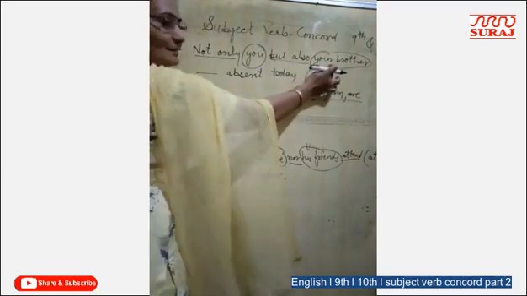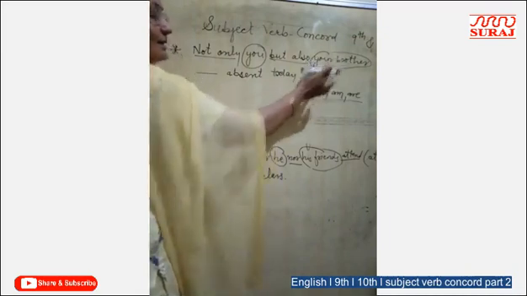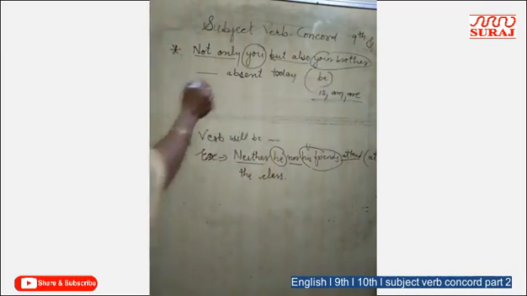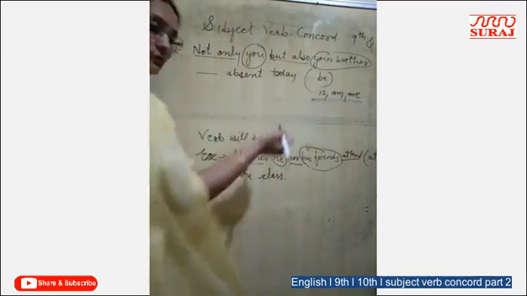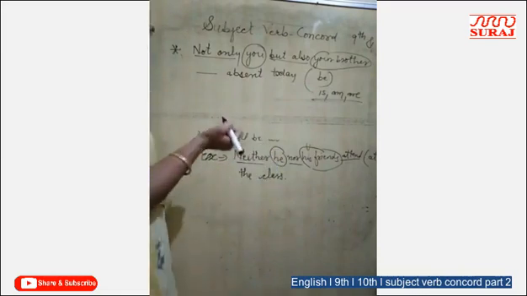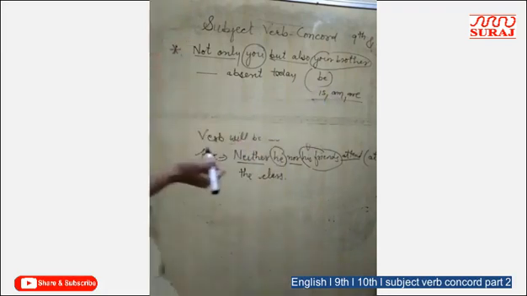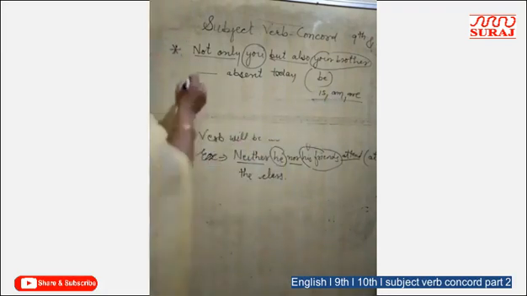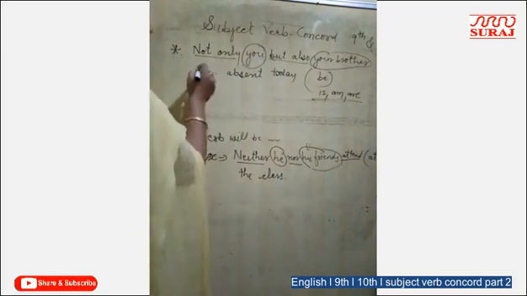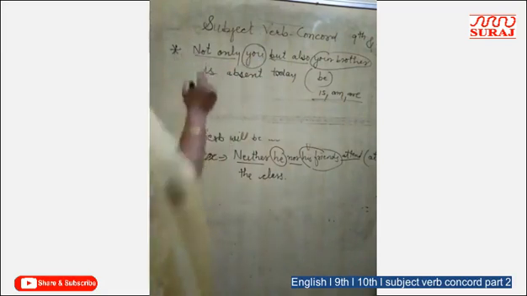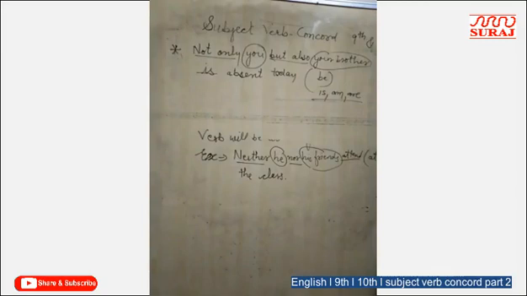So here your brother is a singular subject, so it will take a singular verb. Is is always used with a singular subject, are is always used with a plural subject, and am is used always with I only. So according to your brother: not only you but also your brother is absent today.